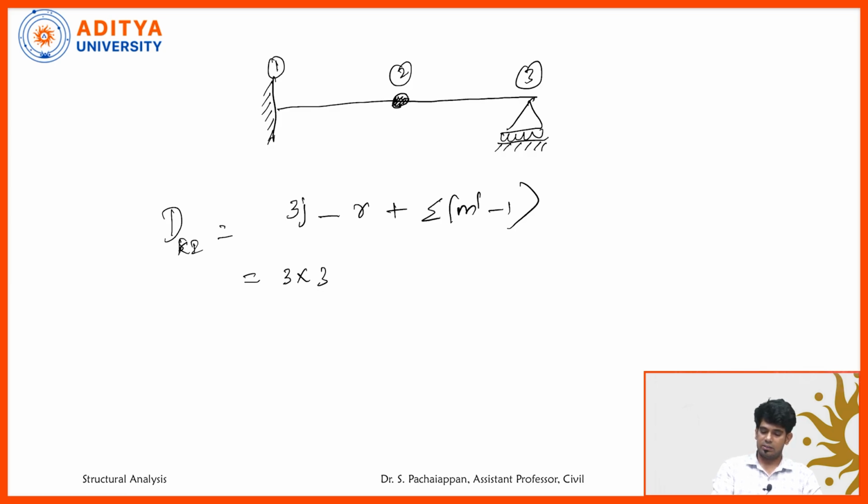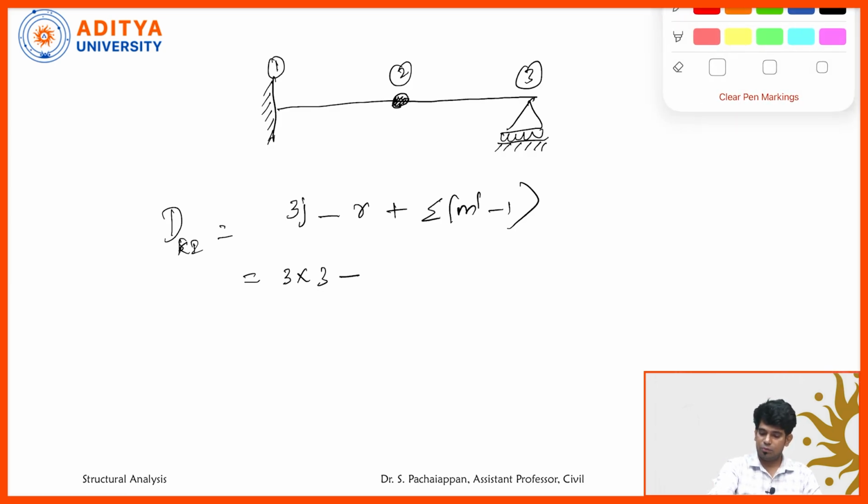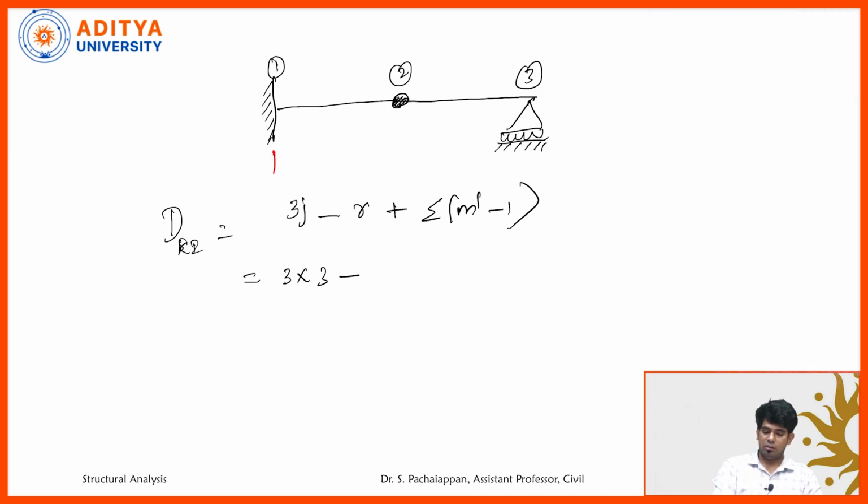So 3 joints, minus reaction forces. A fixed support has one vertical reaction, one horizontal reaction and one moment. On the right hand side we have only the roller support, so only one vertical reaction is possible. How many reaction forces here? 1, 2, 3, 4. So 4 reaction forces.